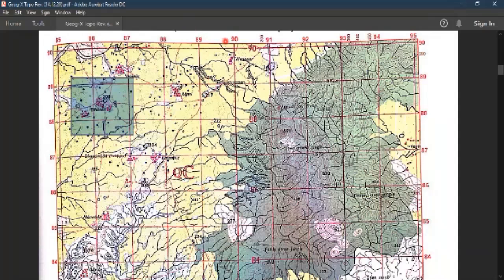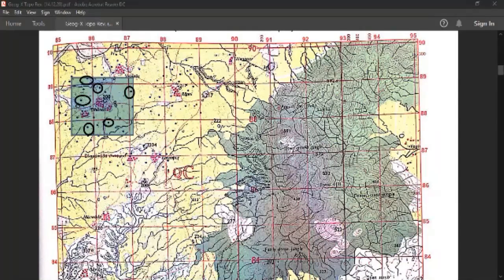Here you can notice that there are blue colored dots. These blue colored dots represent perennial lined wells. So the answer will be perennial lined wells which are located nearby village Dhaneri. Clear?